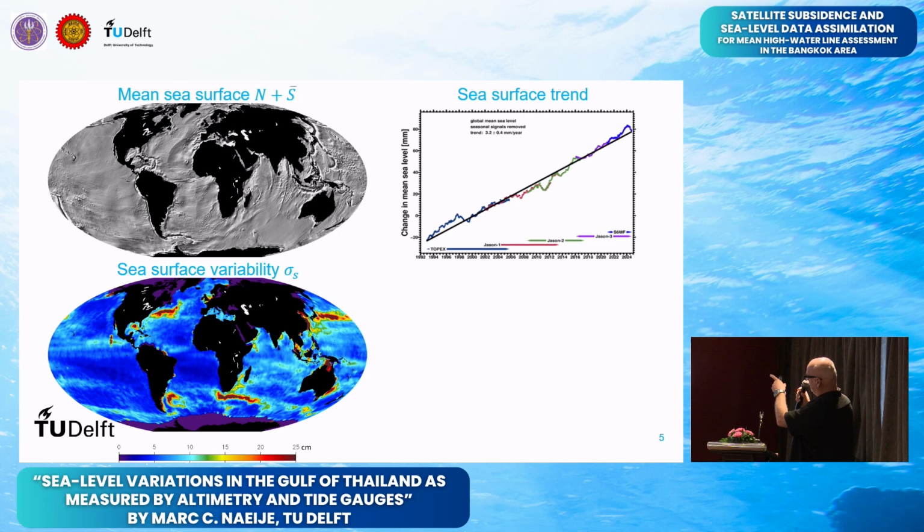But if you look at the end, then basically the line will be a little bit steeper. And if you take the last part, you will get to something like 4 millimeters per year. And if you combine the whole time span, you get something in between. So basically, this also indicates that there is a kind of an acceleration going on.